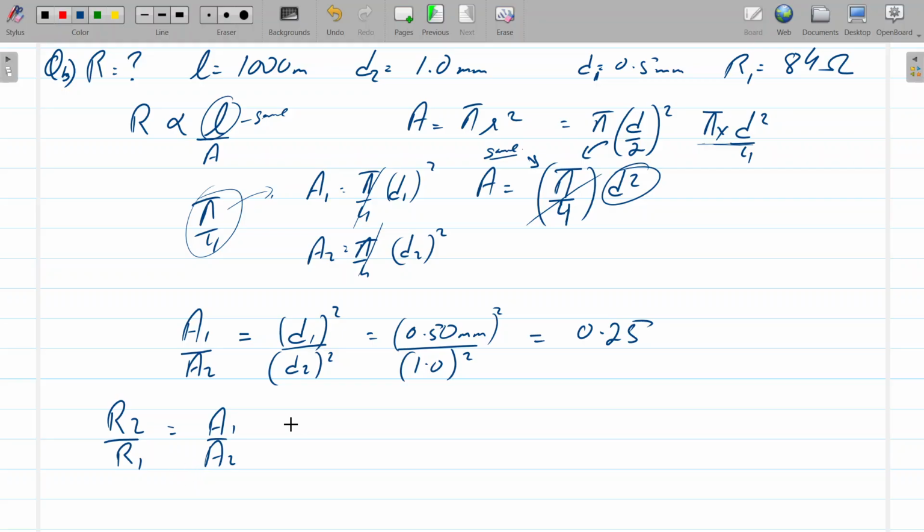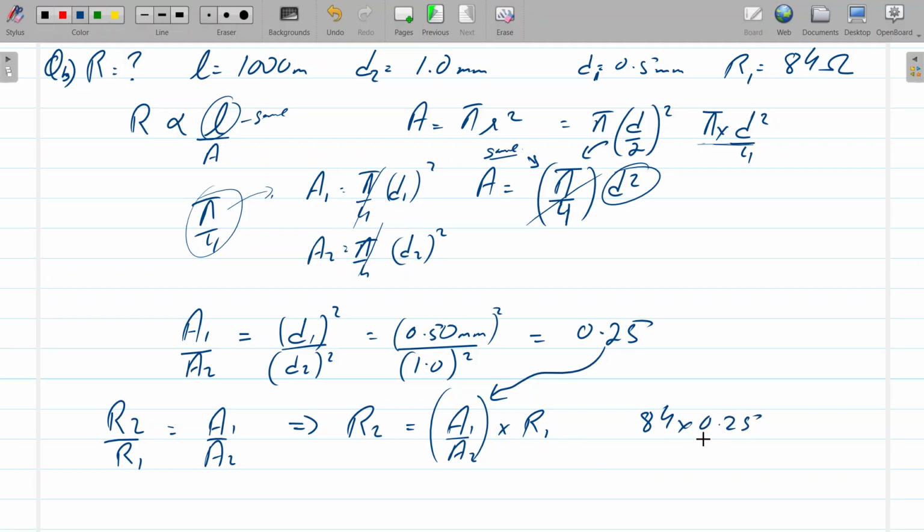And therefore, R2 equals A1 over A2 into R1. Do we know this? We just know, right? And so that means it's 84 into 0.25, which will give us what? 21 ohms.